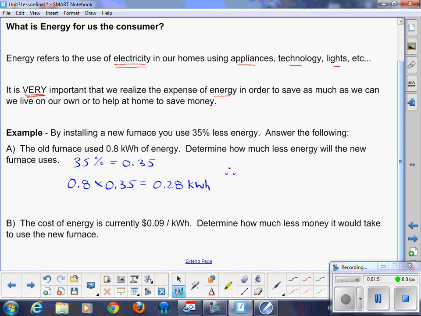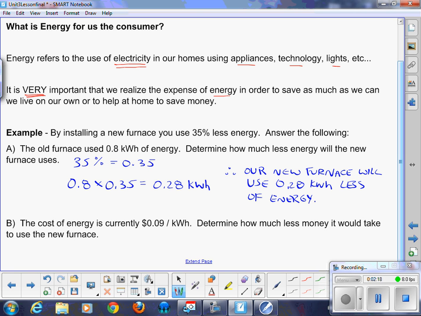So therefore, our new furnace will use 0.28 kilowatt hours less of energy. All right. Now that's a daily usage there.